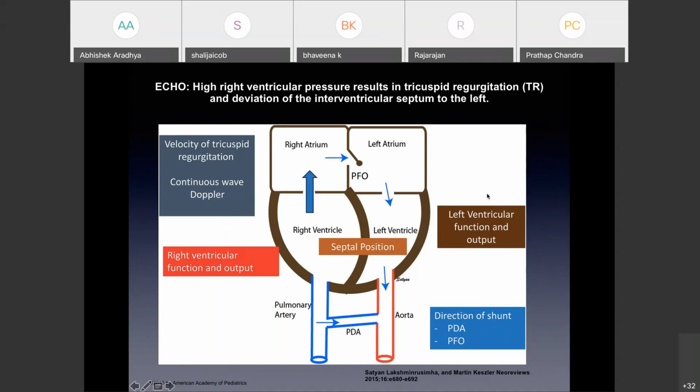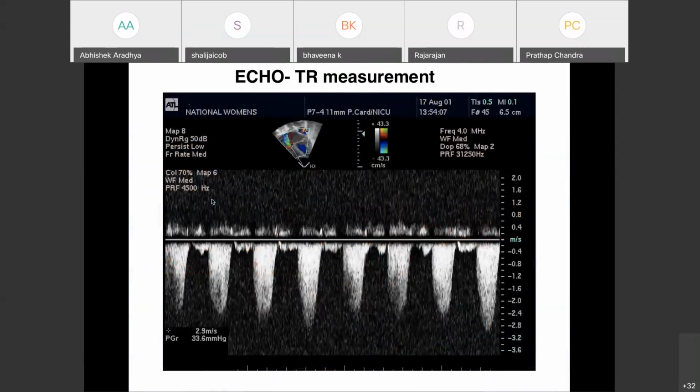Then you also have to look at the left ventricular function and the output. The right ventricular function as well should be looked at, including the output. So once you have all these, then you can also look at the tricuspid regurgitation. What is the velocity of tricuspid regurgitation? So this is the echo, which shows there is a continuous wave Doppler that is put in across the flow of the tricuspid regurg.